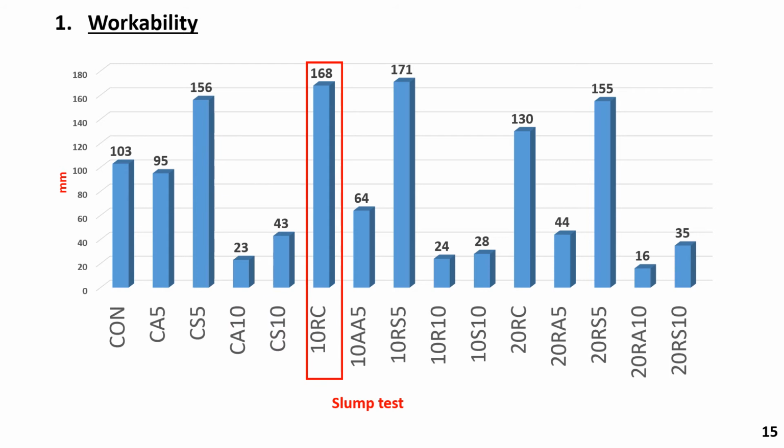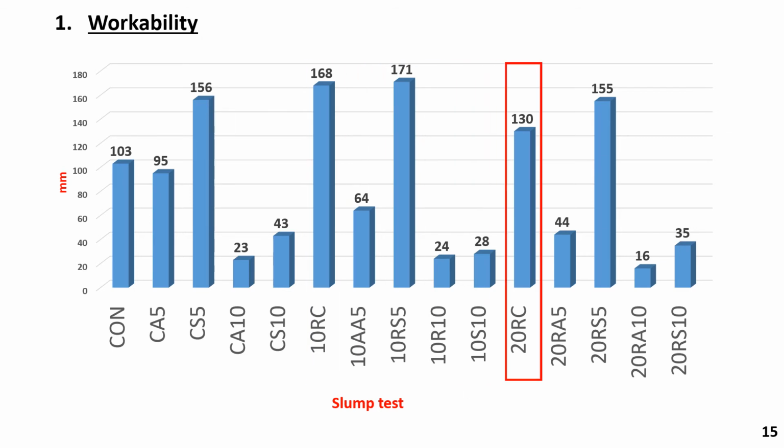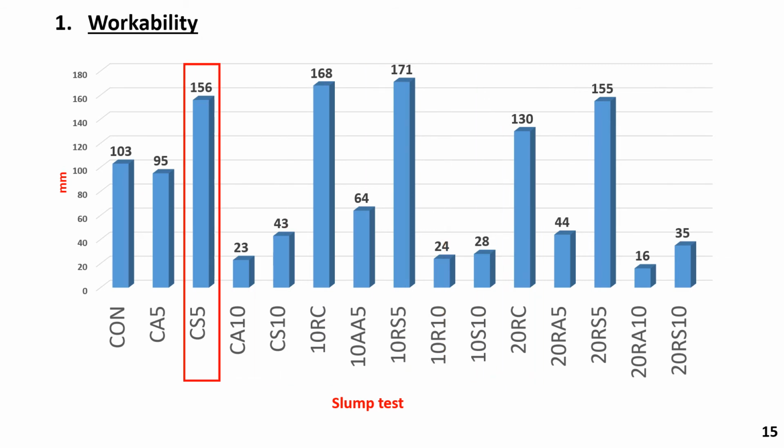And here also we can see that 10% and 20% recycled concrete increase the workability of concrete. And also here we can see that 5% silica fume increased the workability of concrete, but 10% silica fume significantly decreased the workability of concrete.